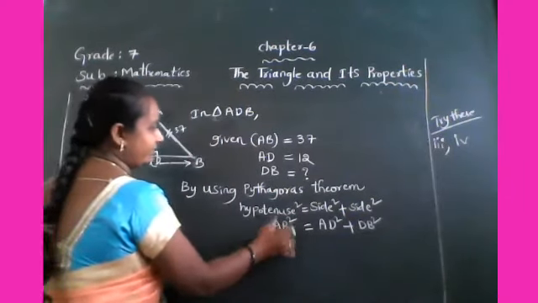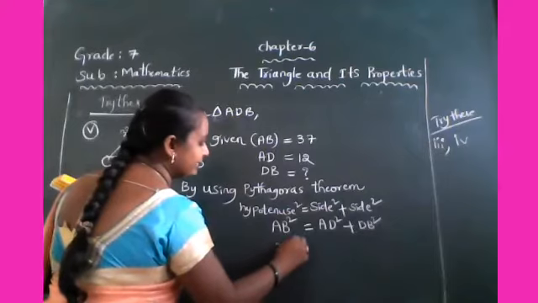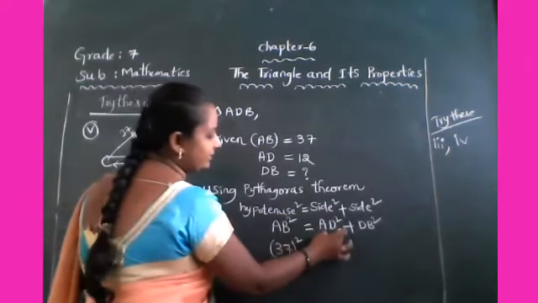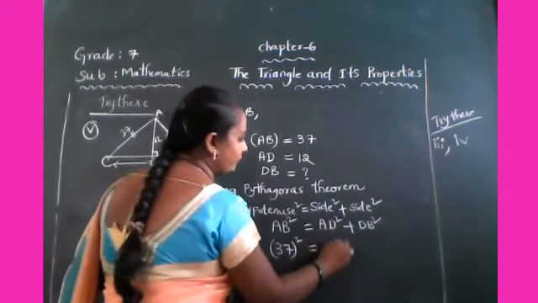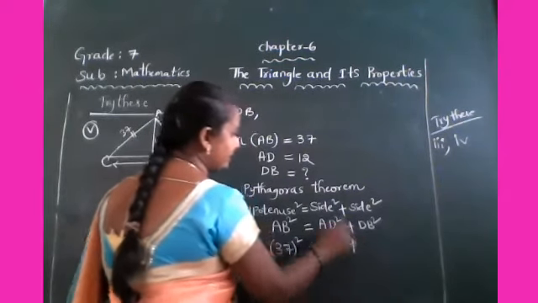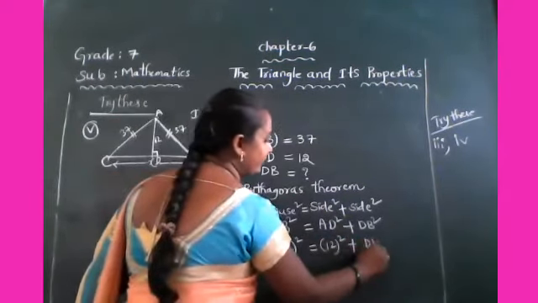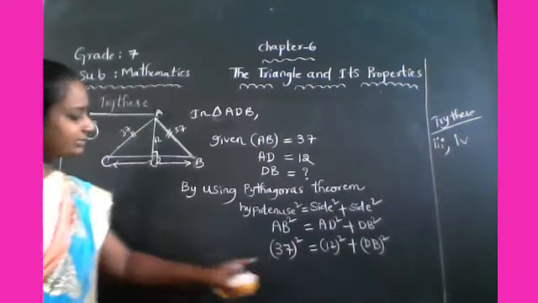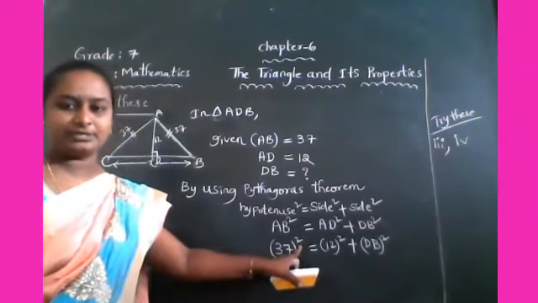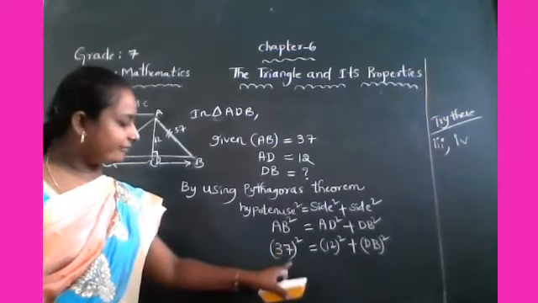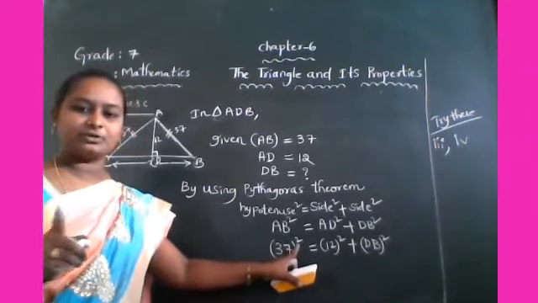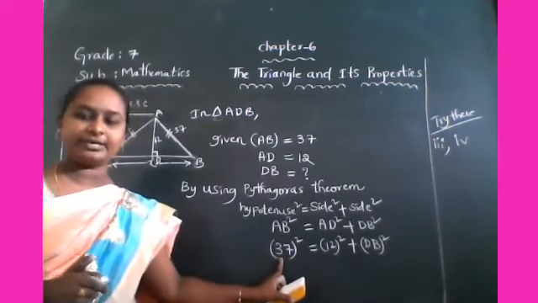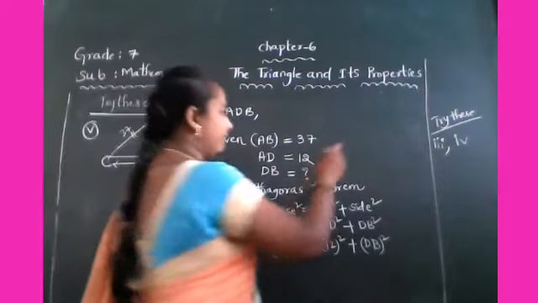AB square, AB means 37. 37 square is equal to AD, 12 square plus DB, you don't know, so DB square. Right. 37 square. So 37 raised how many times? 2 times. So you have to multiply 37 two times.